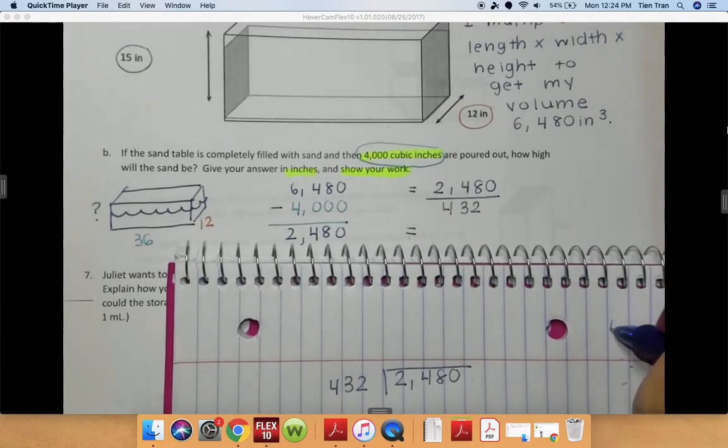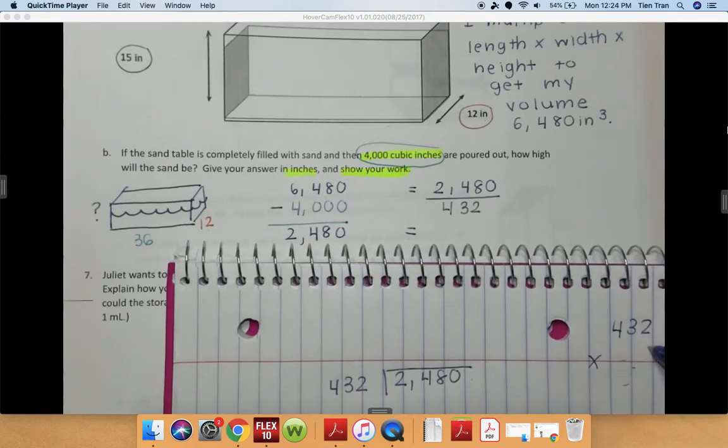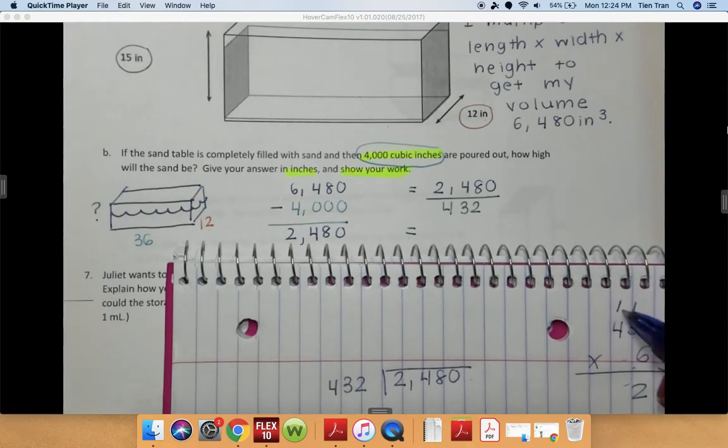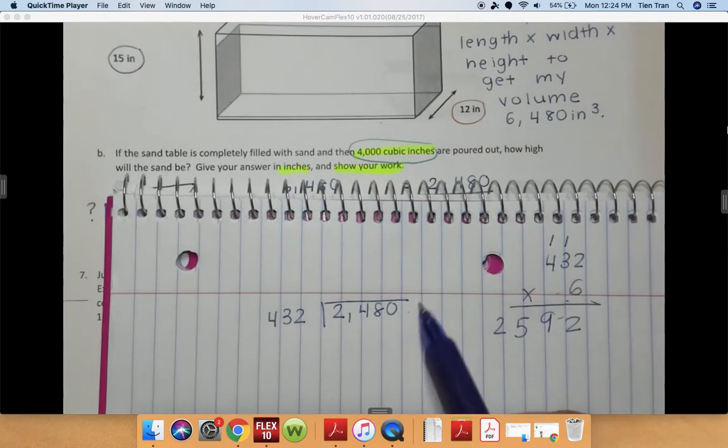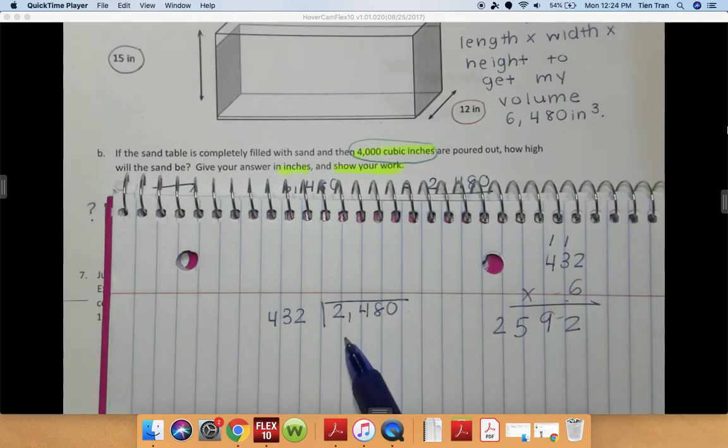I have 432 times 6. 6 times 2 is 12, 6 times 3 is 18, plus 1 is 19, 6 times 4 is 24, plus 1 is 25. So 2,592 is way too big because 2,480 is smaller than that. So I'm going to try another number. I'll show you right here.